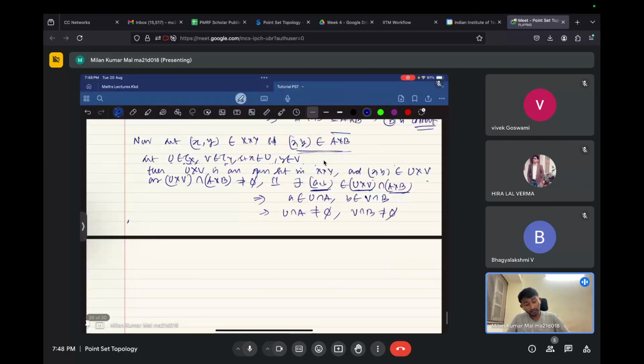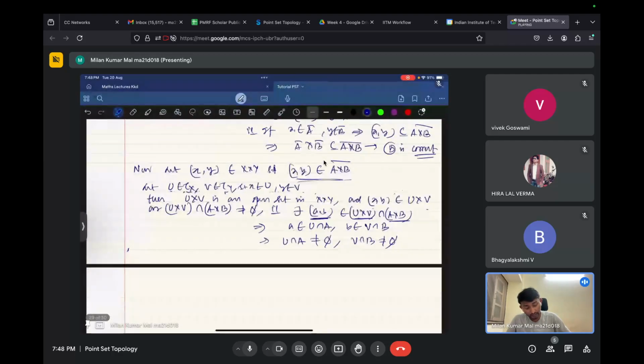But what we have started: for any two open sets U coming from tau of X, V coming from tau of Y such that X belongs to U and Y belongs to V, we have proved this.